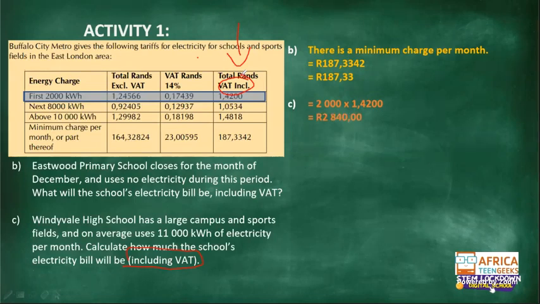Okay, and then we can just kind of carry on with that. Ooh, it is 2,840 Rand. Okay. Next part, because remember that is not just the first 2,000 units. Now we see the next 8,000 units are charged at, who can tell me, what is the next 8,000 units charged at?